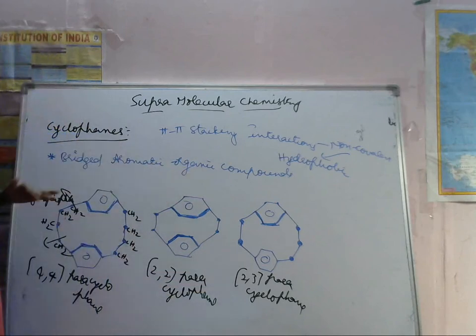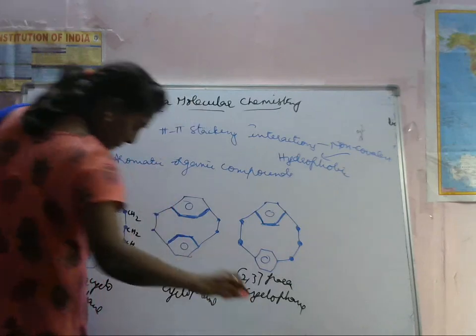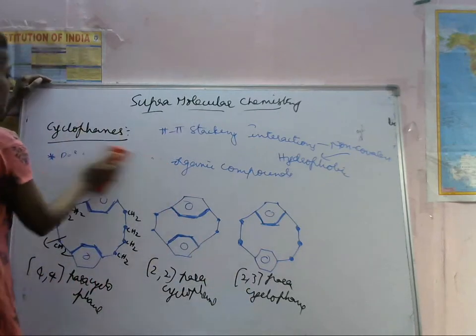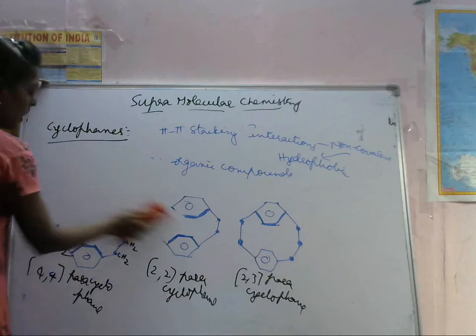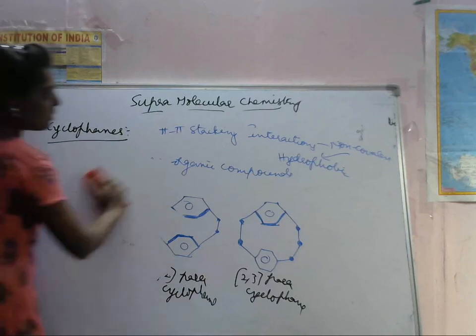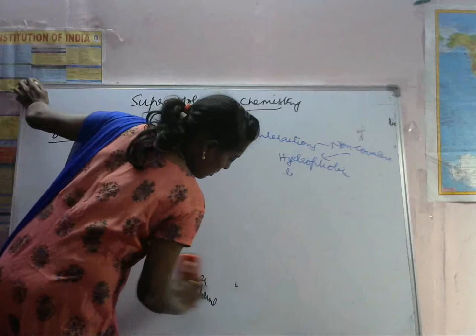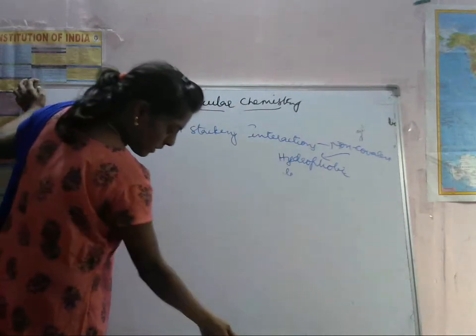So for example, these are connected with nitrogen. Let's see how it will be formed.